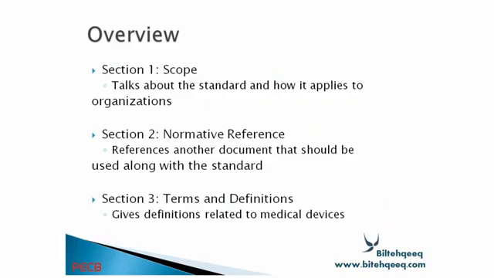Section 1 covers the scope, talks about the standard and how it applies to the organization. Section 2, normative references, other documents that should be used along with the standard. Section 3, terms and definitions, gives definitions related to medical devices.